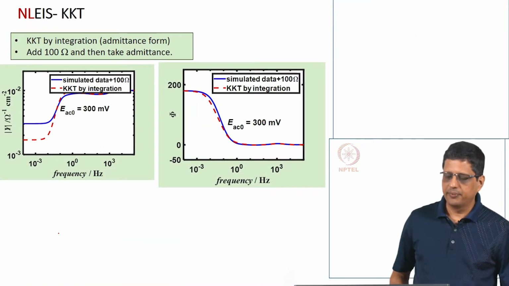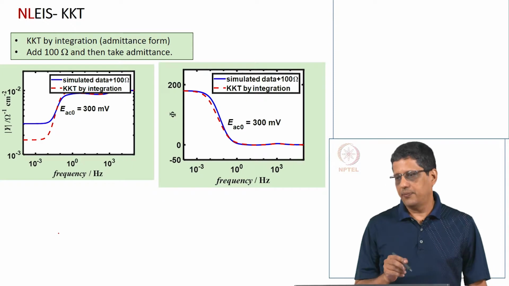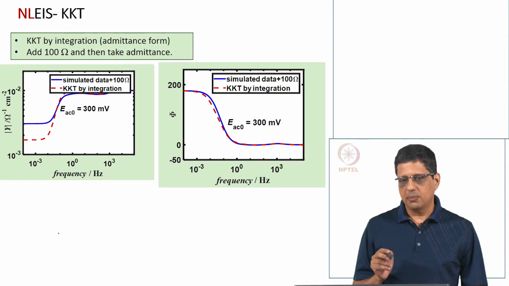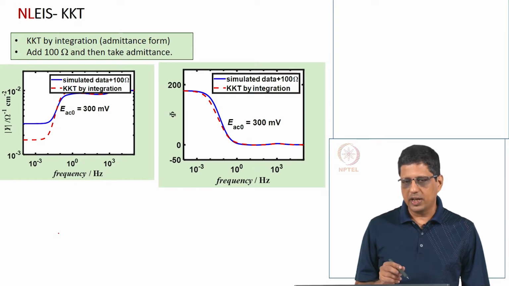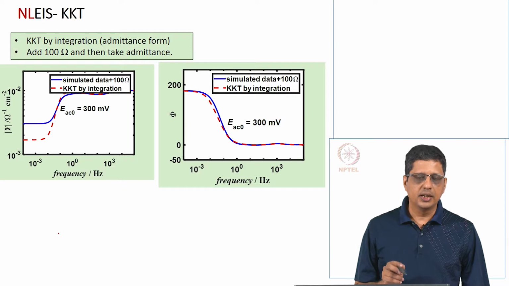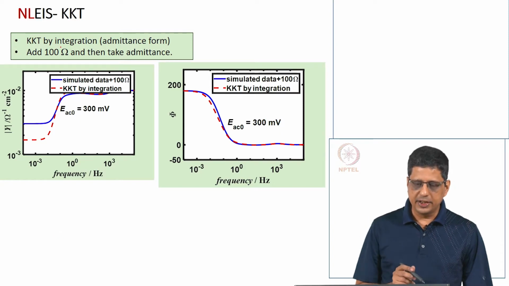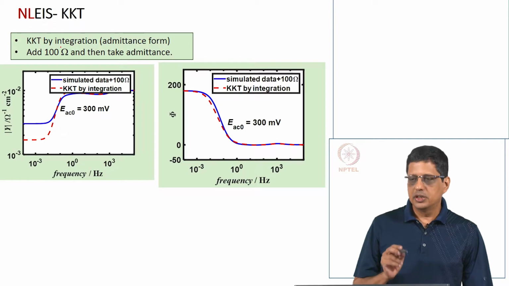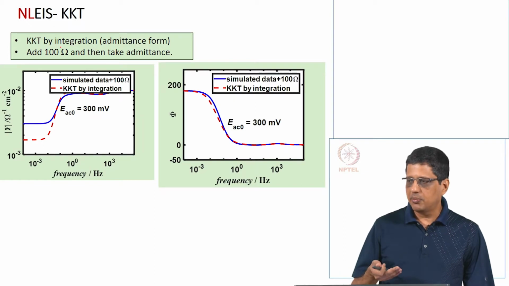In this case, since it goes to the left side on the complex plane plot, it goes to negative real values. We have to use the data in the admittance form and perform KKT by integration using the admittance form. If you give it in the impedance form, even if it is KKT compliant, the transformed data will look like a mirror image of the original data.